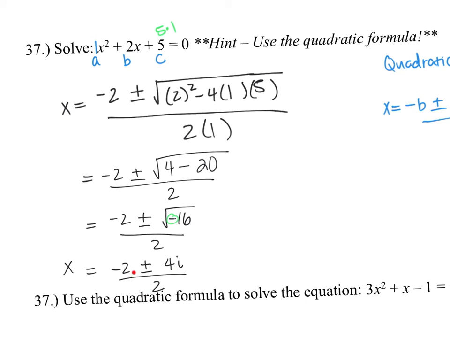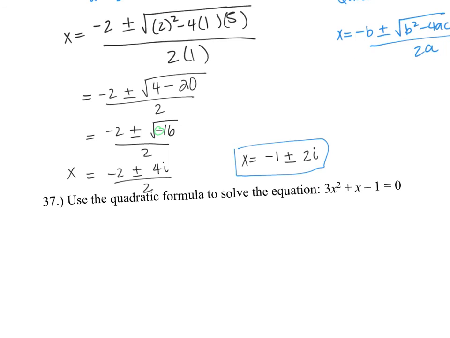Dividing 2 by 2 gets a 1, and dividing 4 by 2 gets a 2, with the i next to it. So x equals negative 1 plus or minus 2i.